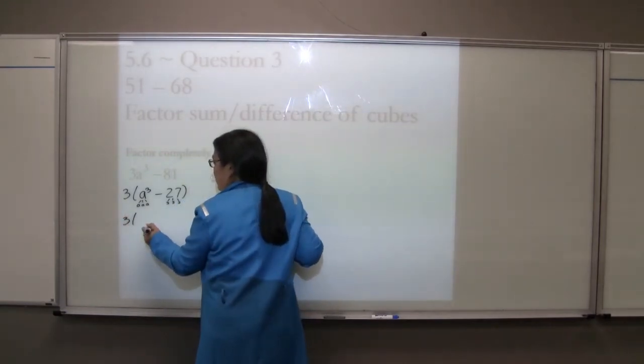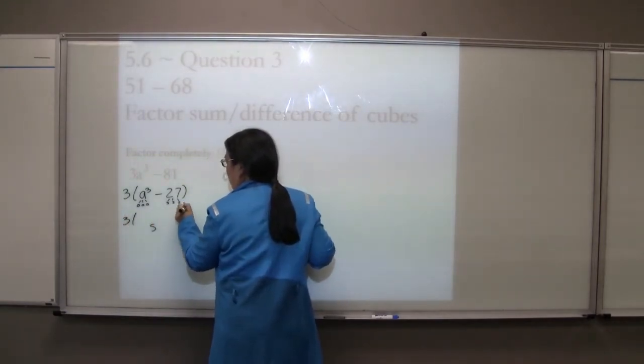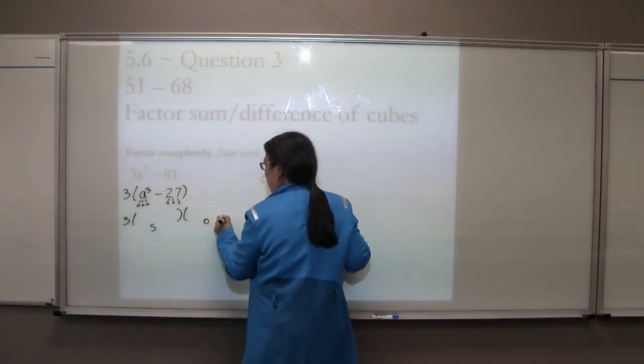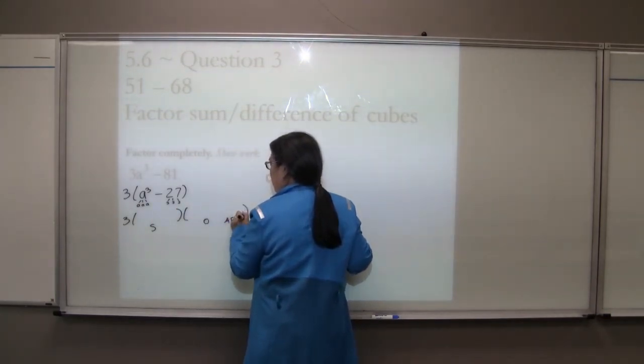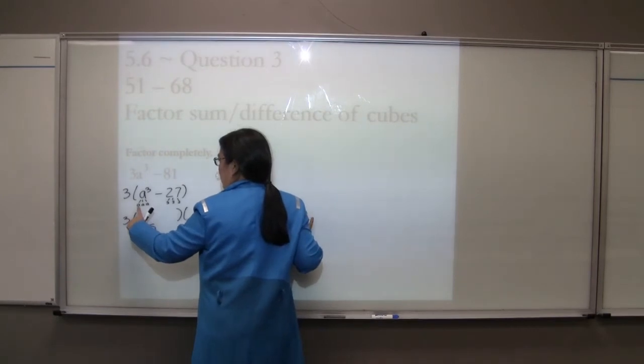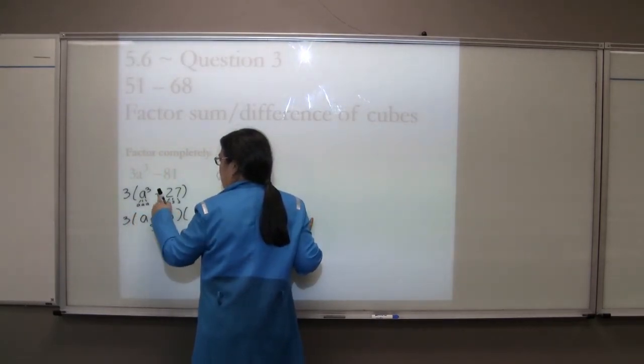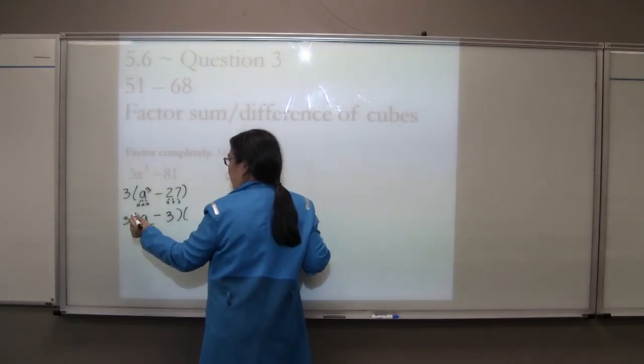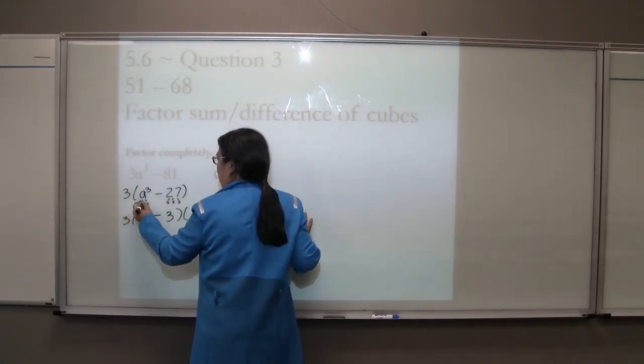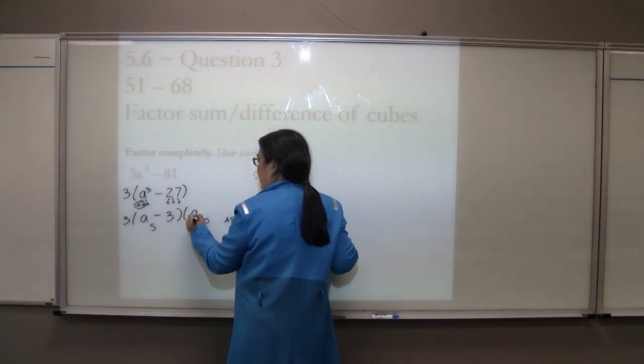In the first parentheses, we're going to use SOAP, same, opposite, always positive. The first one, we're going to take 1a and 1, 3, and use the same sign, which is minus. Then we're going to take these two a's, and a times a gives me a squared.